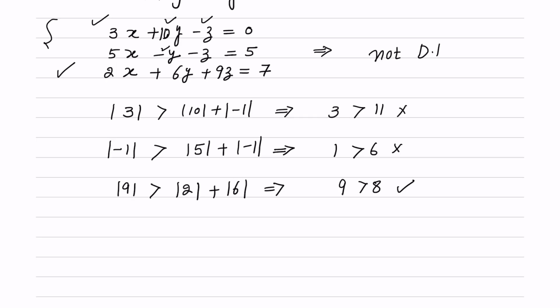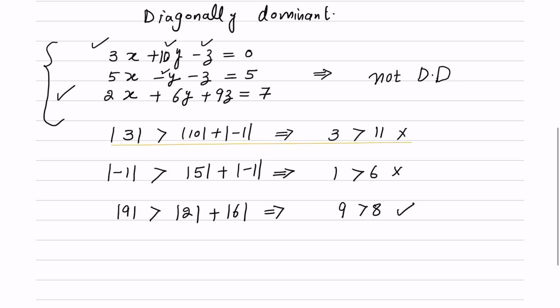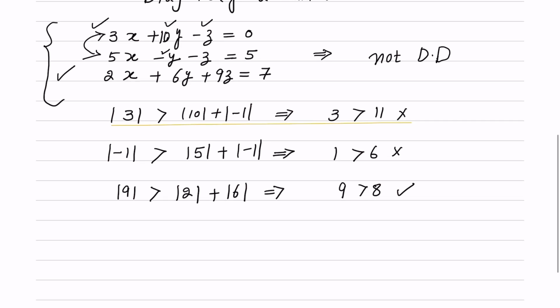Now again look at this given system of equations. We are going to switch the places of the rows to see if we can make this not diagonally dominant system a diagonally dominant system. So what we will do is switch row 1 with row 2. Meaning we will write the second equation first, which is 5x minus y minus z equal to 5.